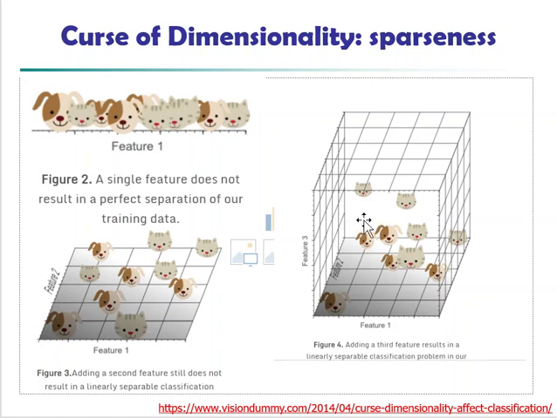So the data becomes more and more sparse. The reason we want to use more features, or more dimensions, is that when the data is more scattered in a higher-dimensional space, it's easier for us to find a line or hyperplane that can separate all the cats from dogs.